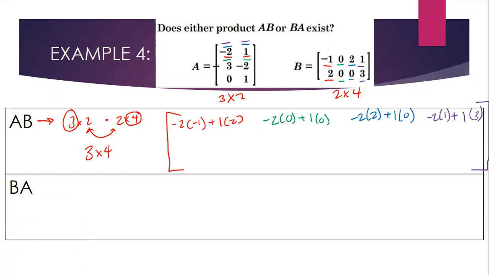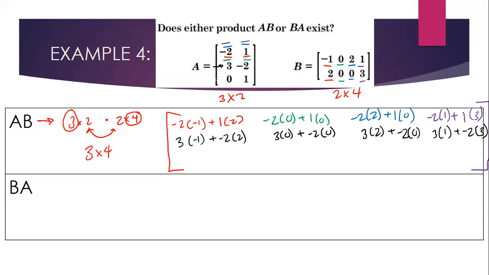So the values in the second row are 3 and negative 2. So they're replacing negative 2 and 1. So it becomes 3 times negative 1 plus negative 2 times 2. 3 times 0 plus negative 2 times 0. 3 times 2 plus negative 2 times 0. 3 times 1 plus negative 2 times 3.